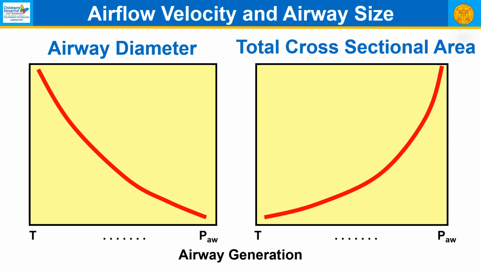Mainstem bronchi are a bit less than the trachea, but there are two, and the total cross-sectional area is greater. And finally, you get out to peripheral airways, which are very small indeed, but there are 500 million of them. So the total cross-sectional area is huge. In fact, we get this plot with essentially exponentially increasing total cross-sectional area as you go from generation 0 to generation 23.